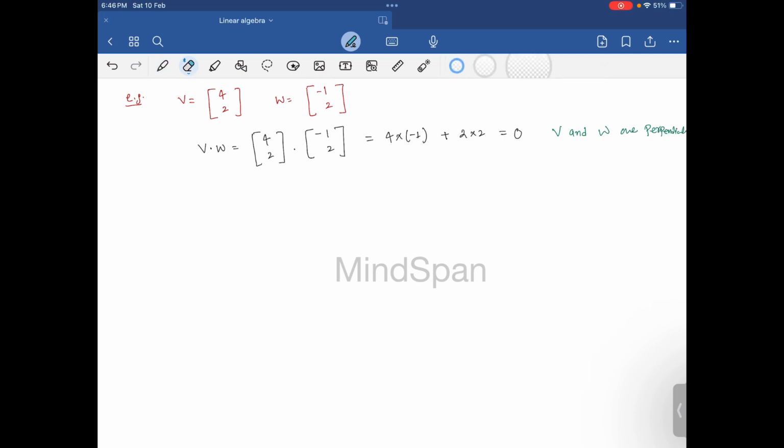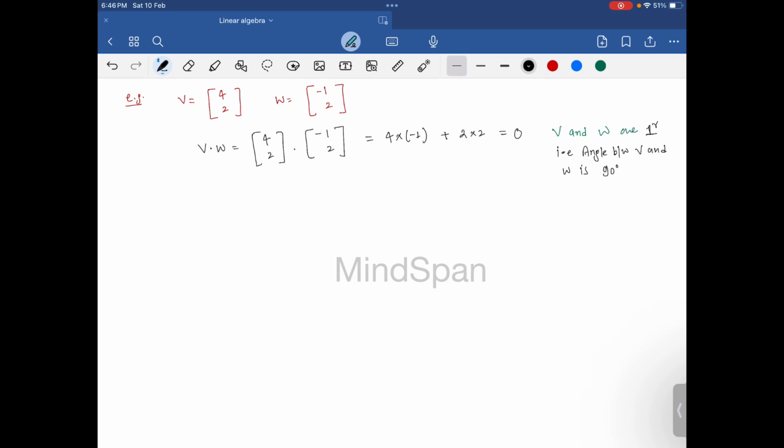Let me use this symbol. So perpendicular, or orthogonal, means that the angle between this vector v and this vector w is 90 degrees.